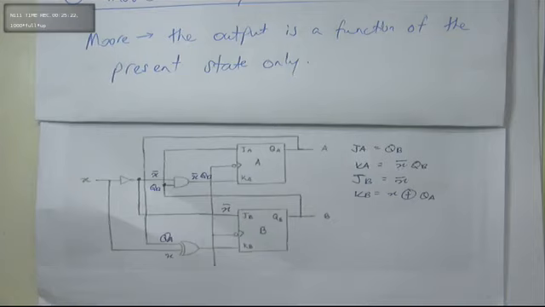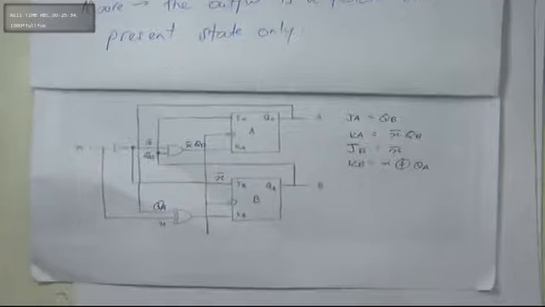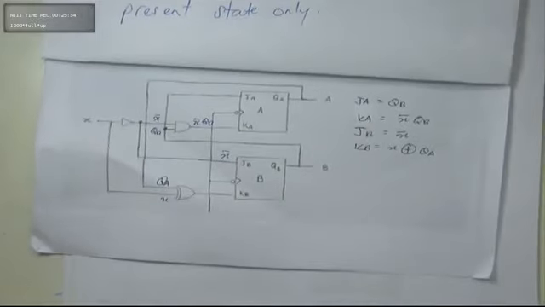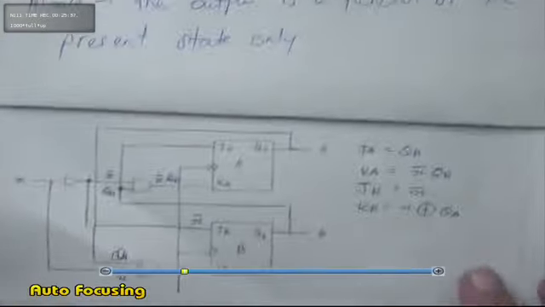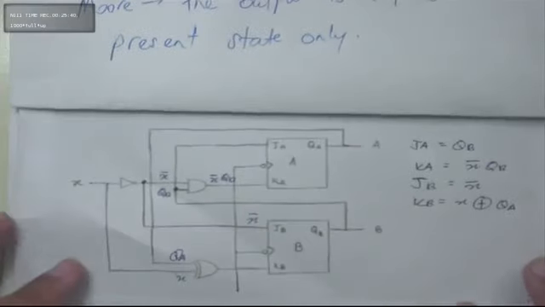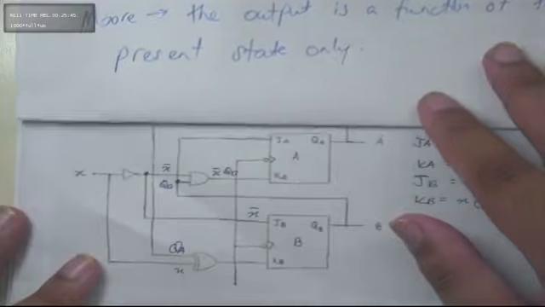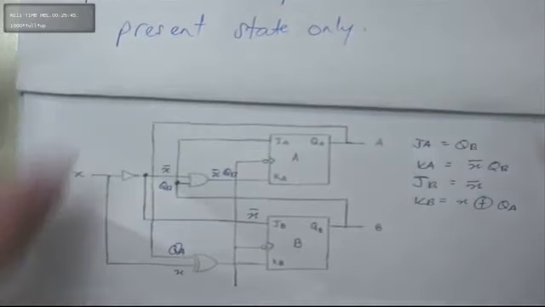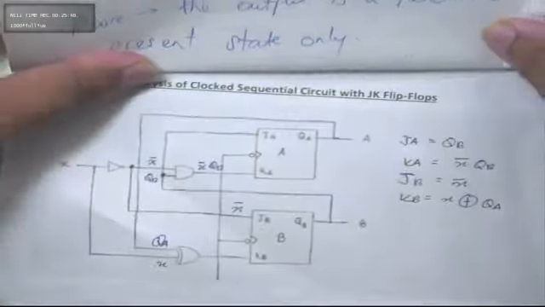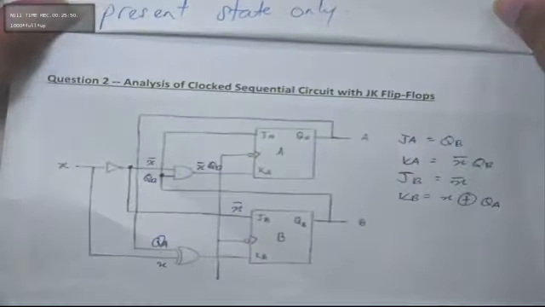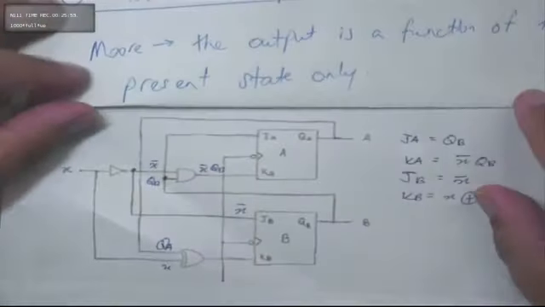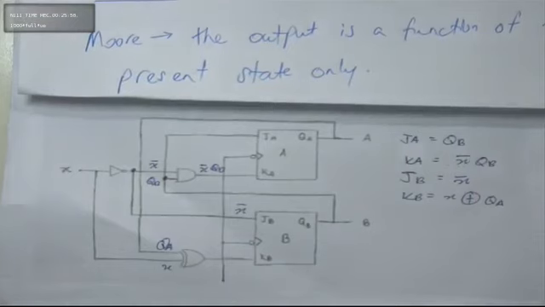Now, what do we mean over here? If you look at your particular outputs in this circuit, let's zoom in slightly. Now, if you look at our particular circuit, how many outputs are there in this circuit? 2 outputs.